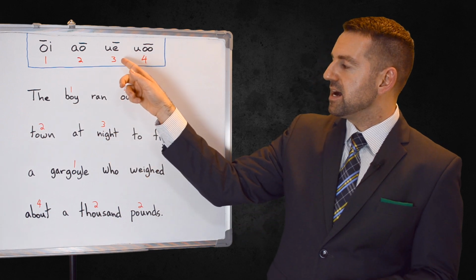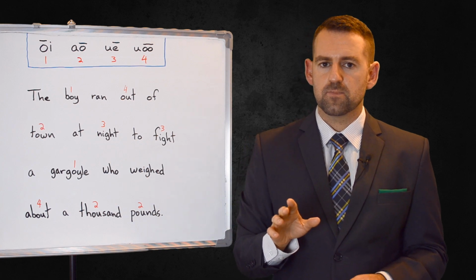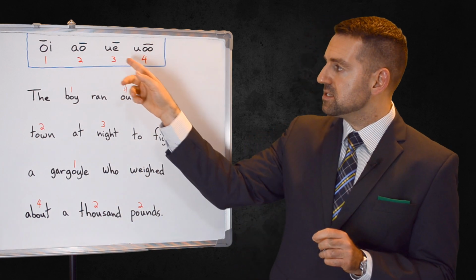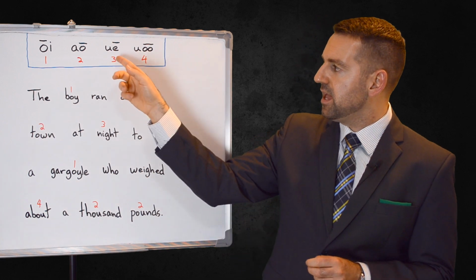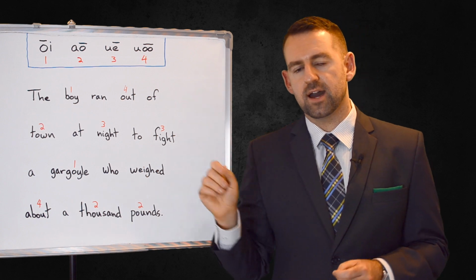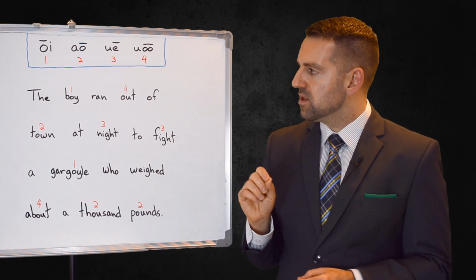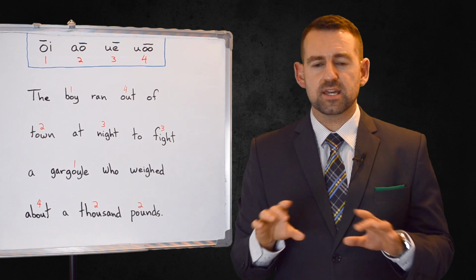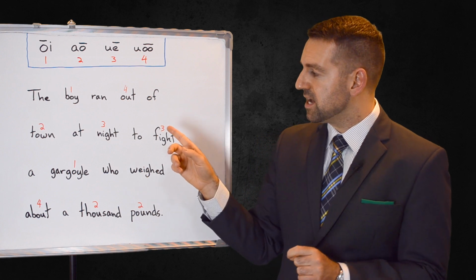All right, and this long I here becomes I. Now, Canadians do this, and most Americans do this in place of the long I. I taught you that a few lessons ago. But some Americans in the southern part of the United States don't use this sound.